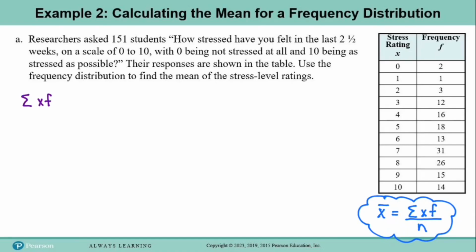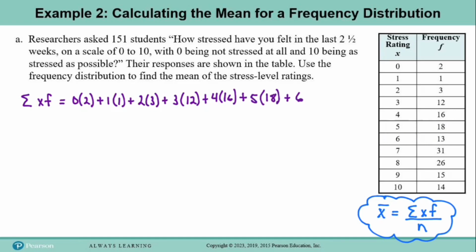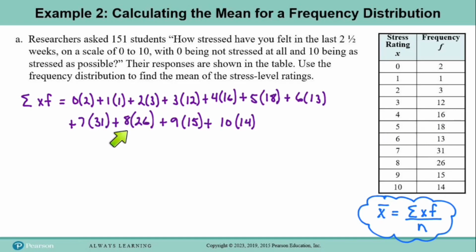Okay, so to find the sum of all the x times f's, we would do 0 times 2 plus 1 times 1 plus 2 times 3 plus 3 times 12, and just keep doing that for every pair of numbers in the table. And so this is what that calculation looks like, and when you add up all those products, you'll get a total of 975.